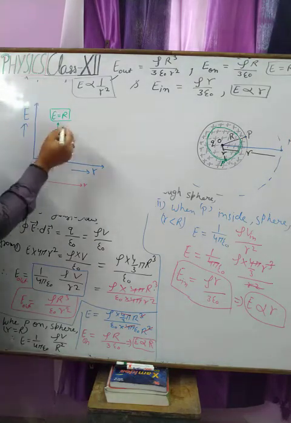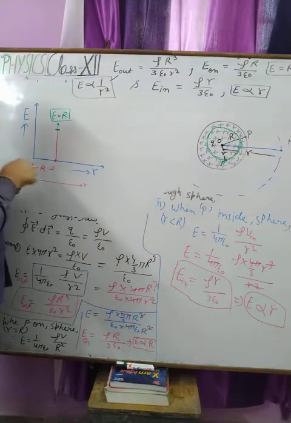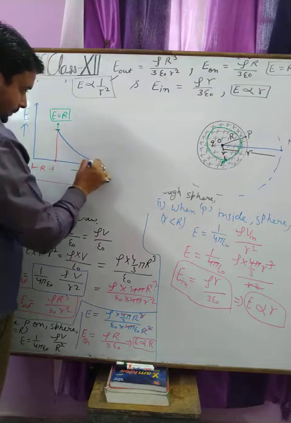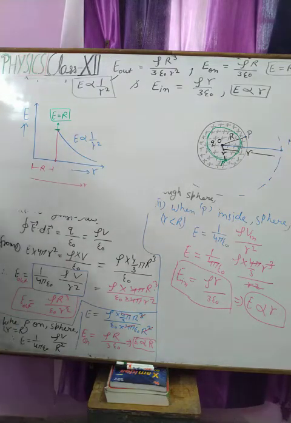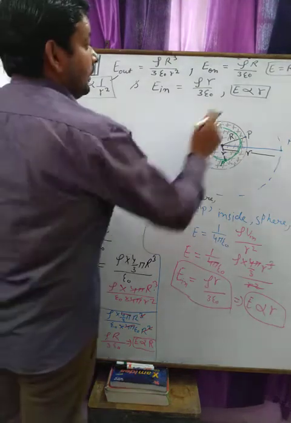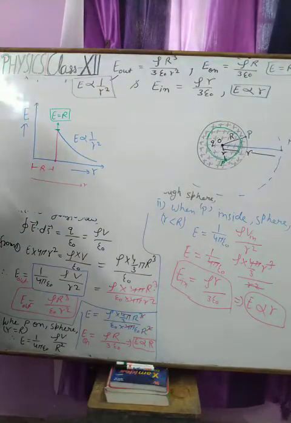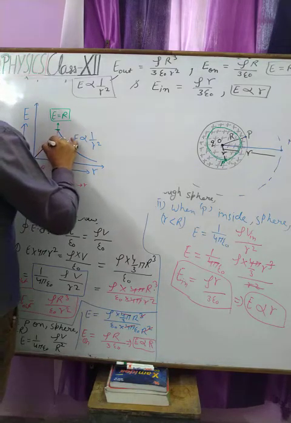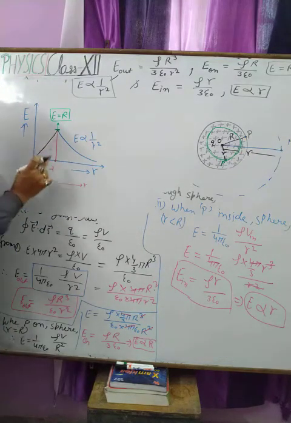Okay, outside the sphere it will deplete by this rule, but inside the sphere it is directly proportional to the radius, that is, as we increase the radius through this point the electric field increases, and when it reaches the surface it is equal to the electric field at the surface.